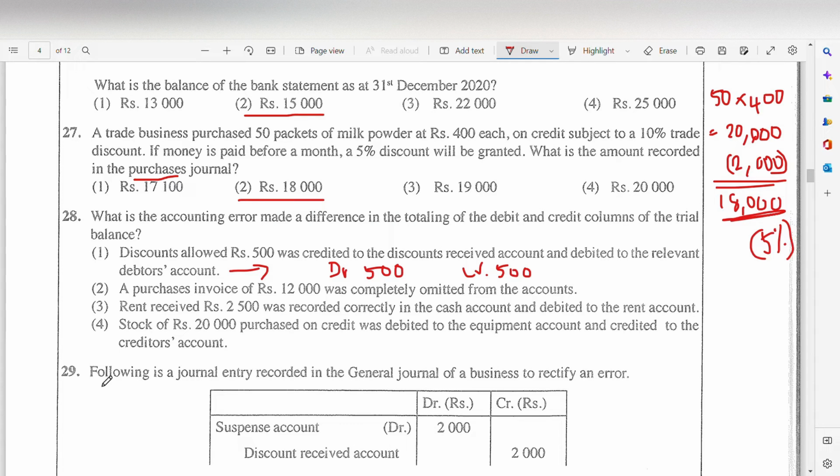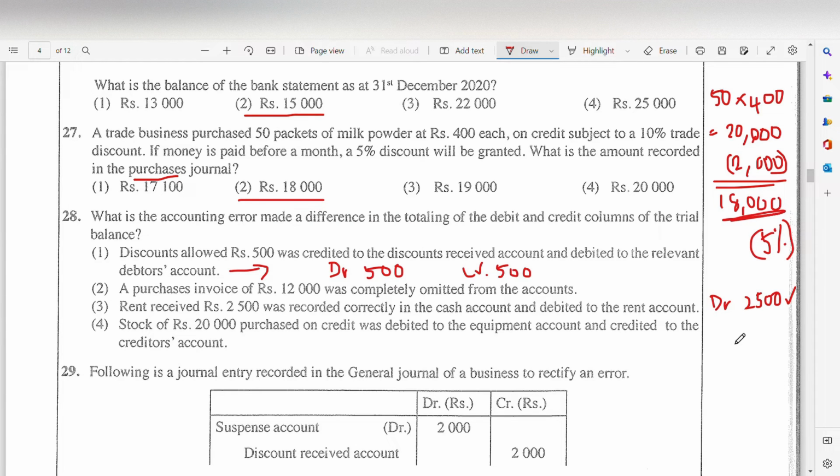In option 3, rent received of rupees 2,500 was recorded correctly in the cash account and debited in the rent account. Now, if you receive rent, what happens? You will debit cash. You will debit 2,500 in cash. Now, they are saying this is done correctly. Now, where should the credit entry go to?